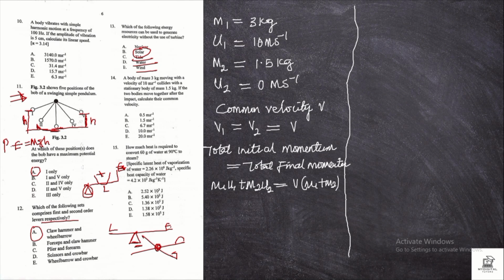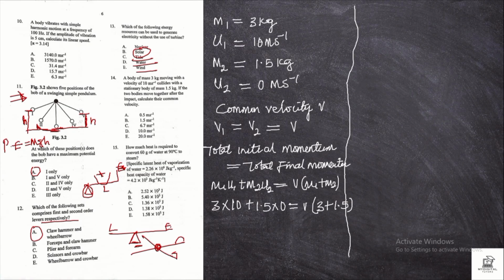So what is m1? m1 is 3 multiplied by u1, which is 10, plus m2, which is 1.5, multiplied by u2, which is 0, is equal to v into bracket 3 plus 1.5. Are we together?